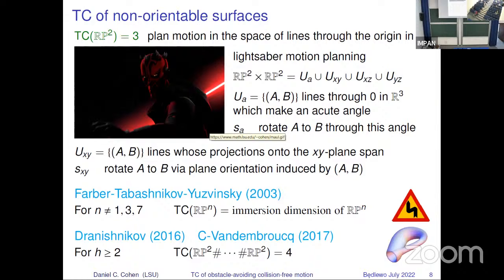To finish the non-orientable surface story, I'll just mention some results of Cohen, Vandembroucq and I that eventually conspire to show that for higher genus non-orientable surfaces, the topological complexity is as big as it can be. In particular, the complexity of the Klein bottle is 4. And I believe that Lucile spoke about this last bit the last time at this meeting.